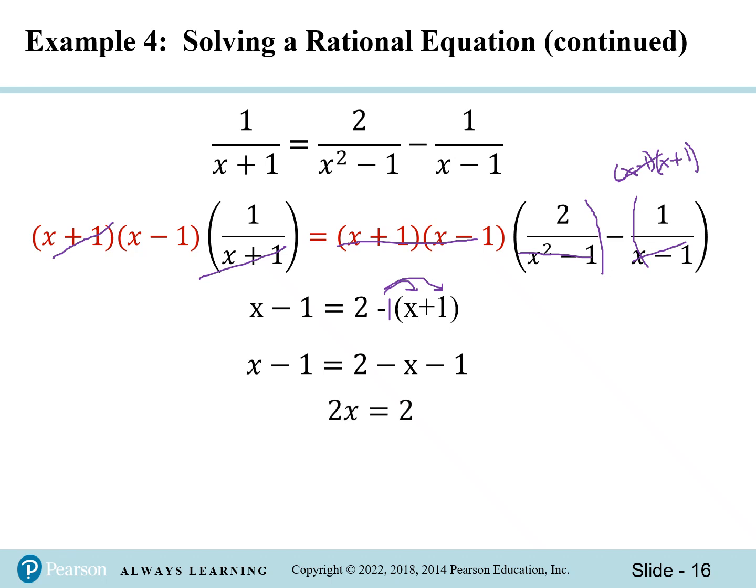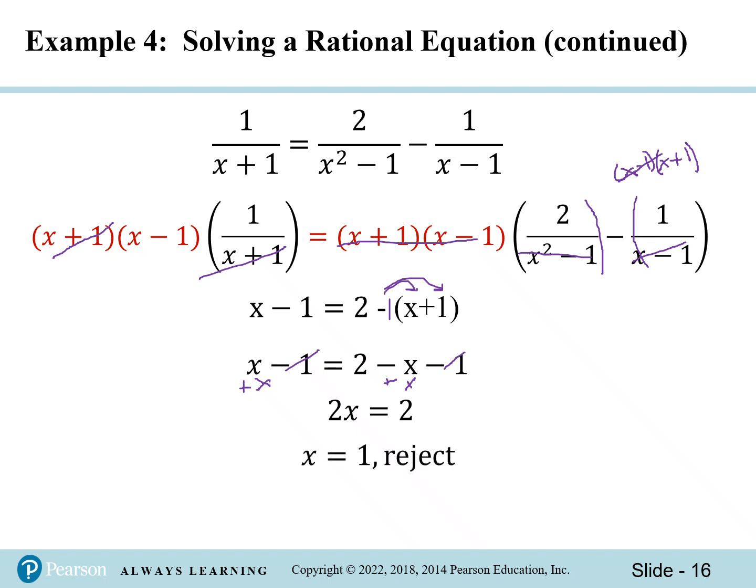So I'll get 2x equals 2, and move this negative 1 over. So I kind of did a little bit of 3 steps in one there. I added the 1, and that got rid of that negative 1 here. And then I added x to both sides. And that's what gave me the 2x equals 2. Divide by 2, so x is equal to 1.